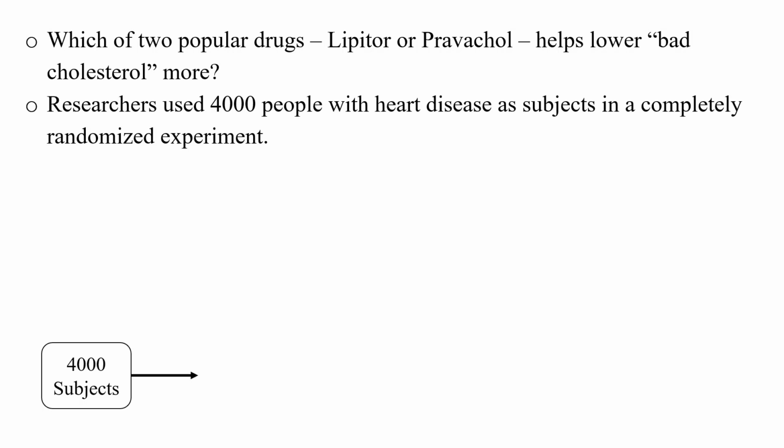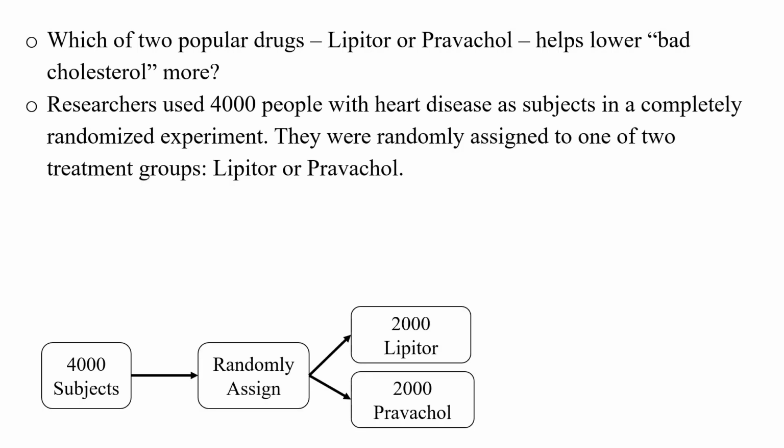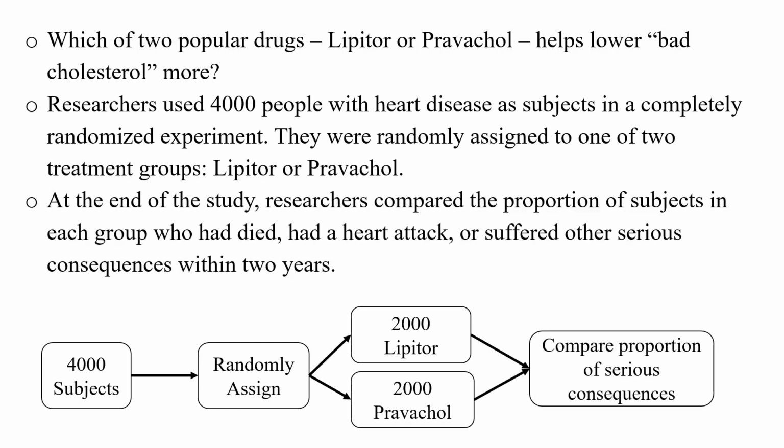They're going to take 4,000 subjects, and they're going to randomly assign them to one of two treatment groups, either Lipitor or Pravachol. Then at the end of the study, the researchers compared the proportion of subjects in each group who had died, had a heart attack, or suffered other serious consequences within 2 years, right?